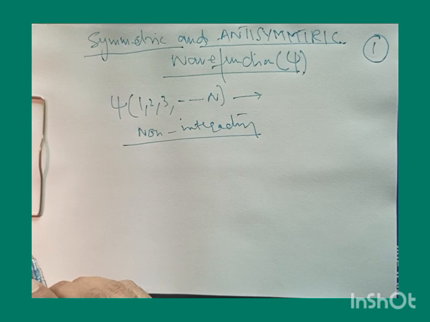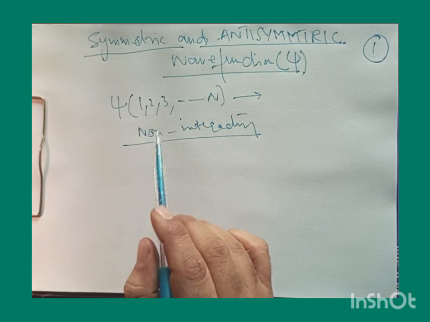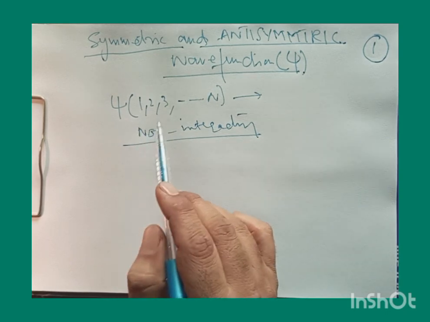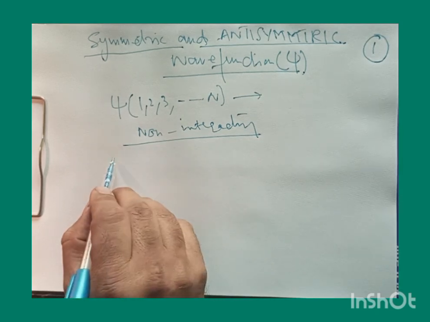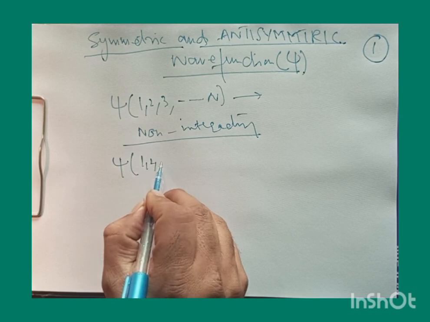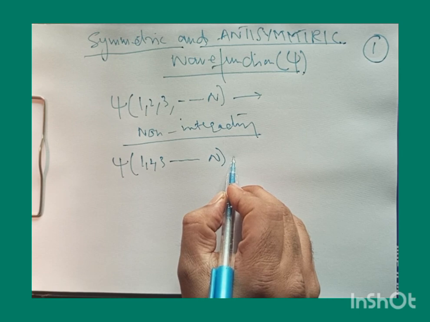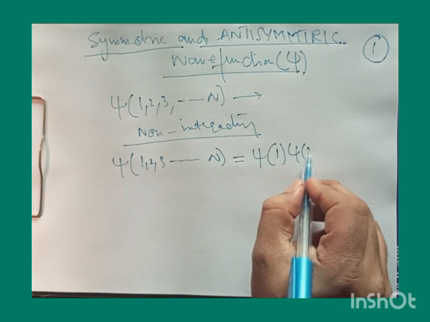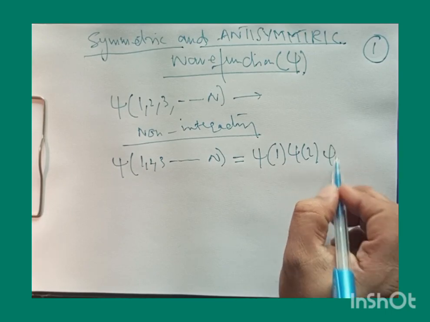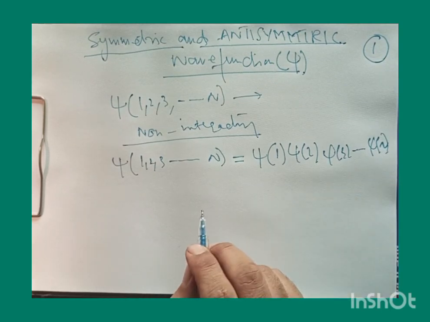In that case, the wave function can be expressed as the product of the wave functions of the respective particles. So the wave function of n non-interacting particles can be written as psi of 1, psi of 2, psi of 3, and so on up to psi of n.